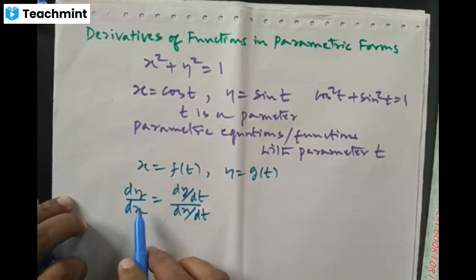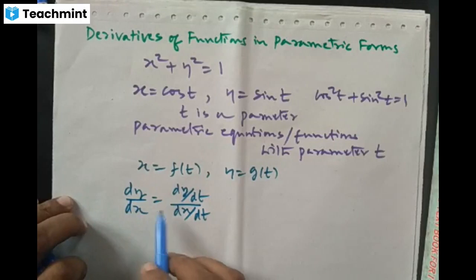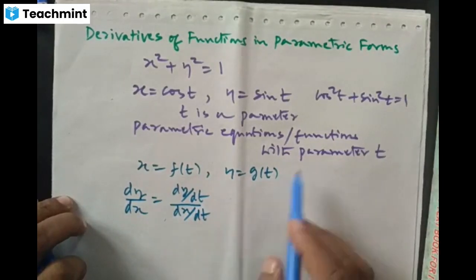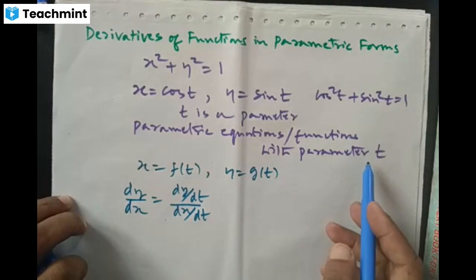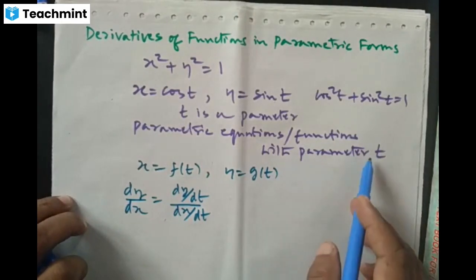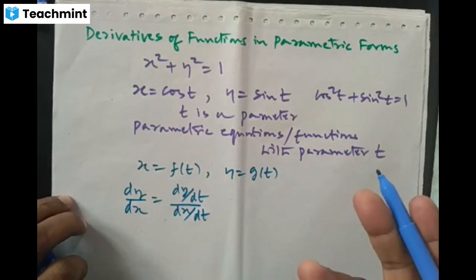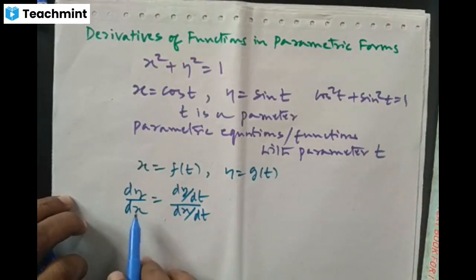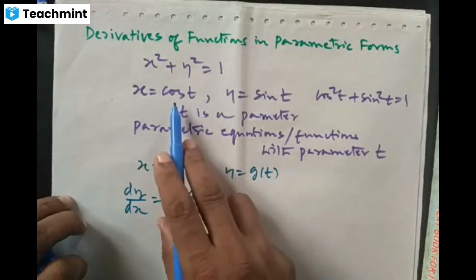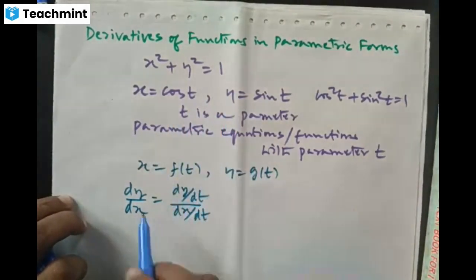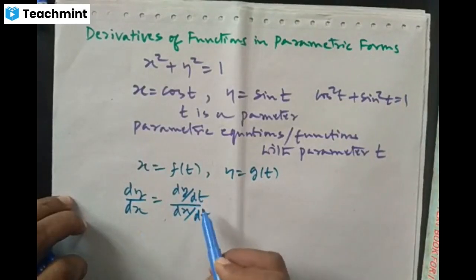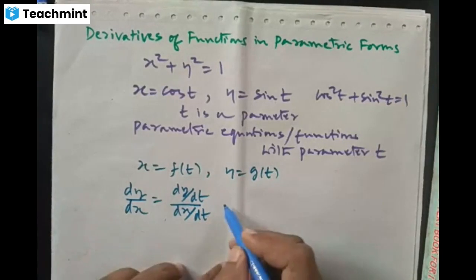So whenever the given functions are in parametric form, in order to find dy by dx, we use the formula dy by dx is equal to dy by dt divided by dx by dt, where t is a parameter. The parameter need not be t always, you can also take some other variable, theta, etc. Understood?